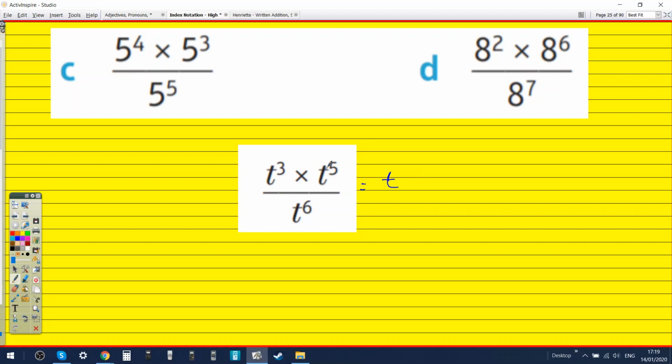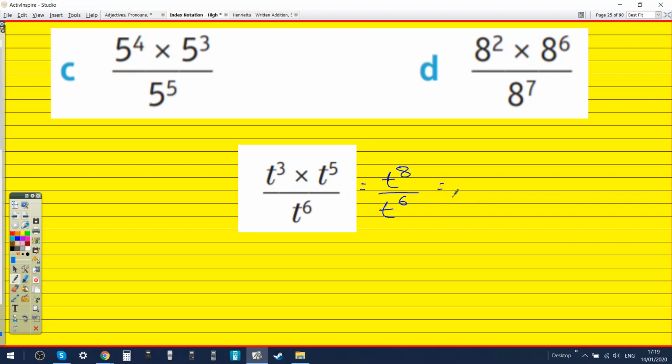You're thinking of dividing. The top is multiplying. T^3 times T^8. Sorry, yeah, T^8. T^3 times T^5. And that's over T to the 6.